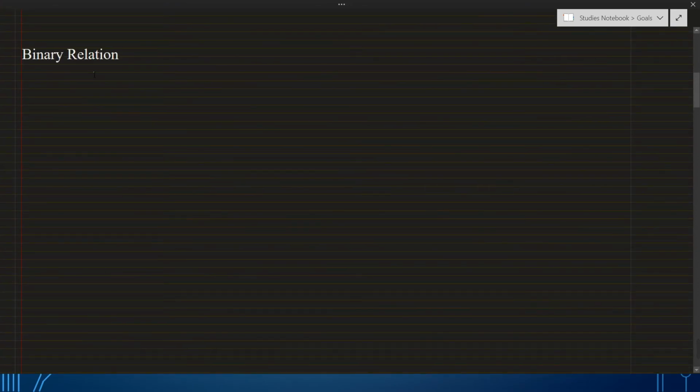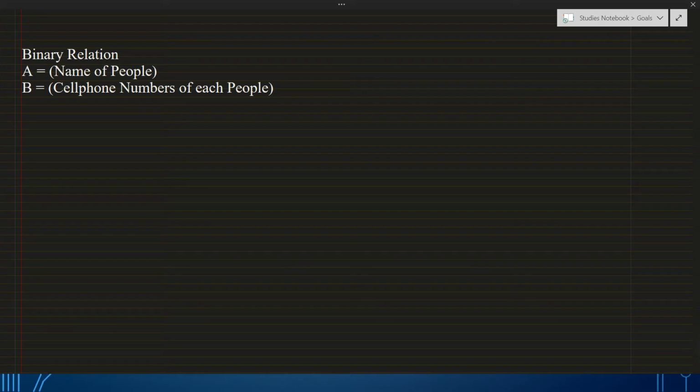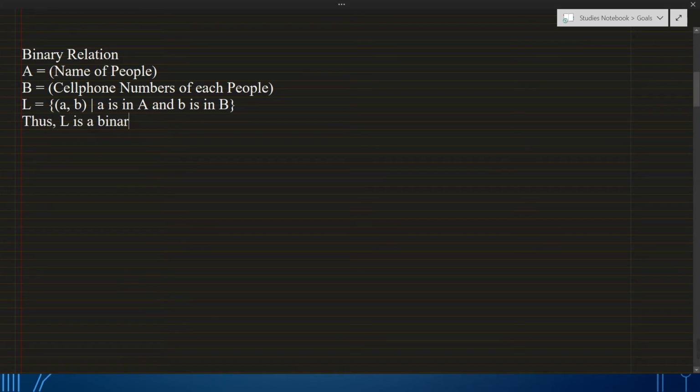For a binary relation, we can let A be the names of people, B the cell phone numbers of each person, and L a set of pairs (a, b) such that a is in A and b is in B. Thus L is a binary relation.